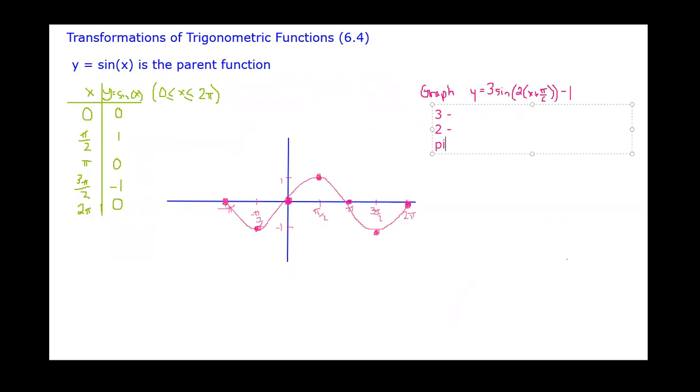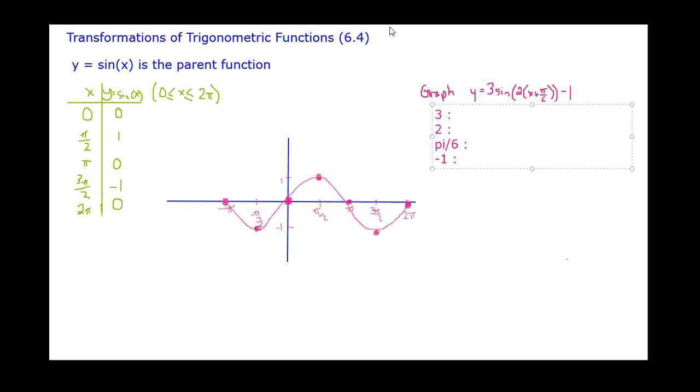What do these values do for us? I want to know what the 3, the 2, the pi by 6, and the negative 1 do. What are they going to do to the original sine function?